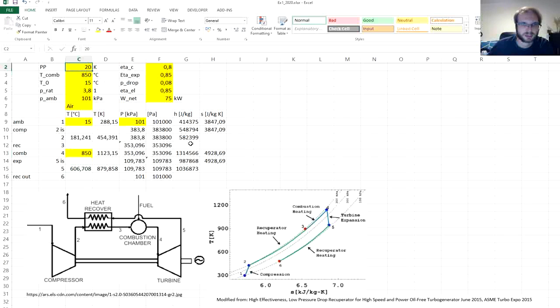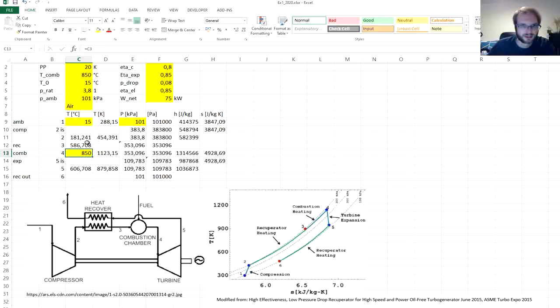have the specified temperature difference, and the heat by the second law of thermodynamics flows from the hot body to the cold body. So the temperature at the point 3 is temperature at the point 5 minus the specified temperature difference.